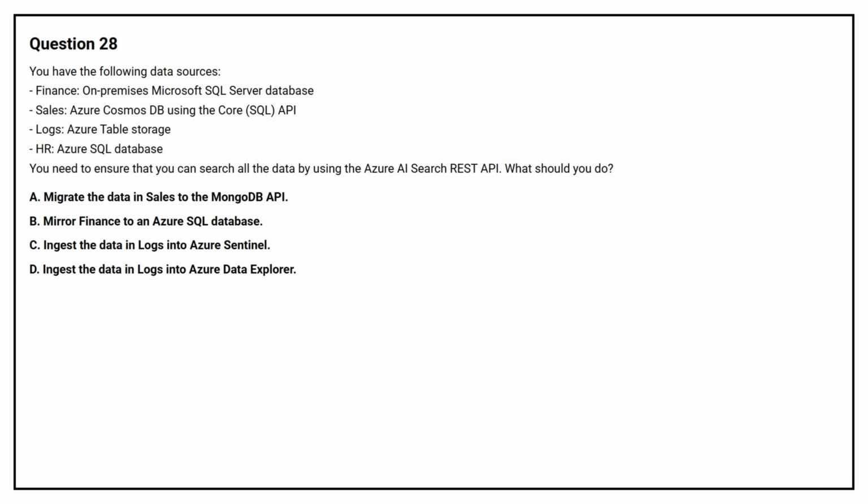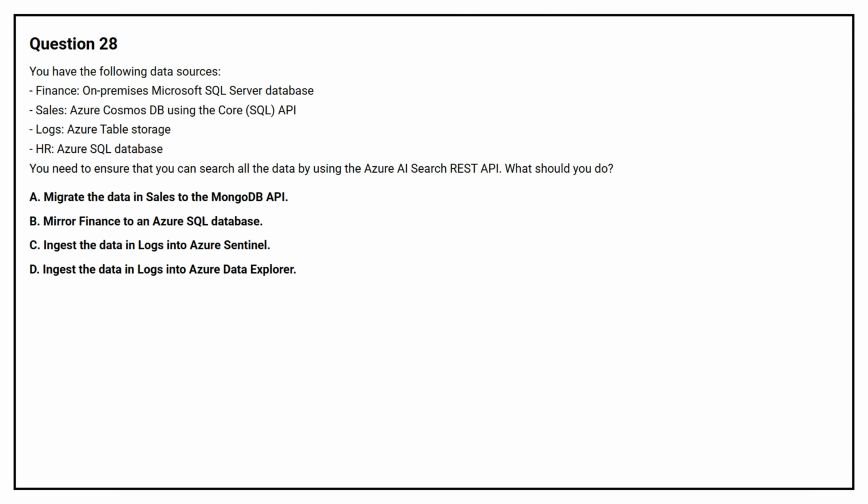Question number 28. You have the following data sources: Finance, on-premises Microsoft SQL Server database; Sales, Azure Cosmos DB using the core SQL API; Logs, Azure Table Storage; HR, Azure SQL Database.